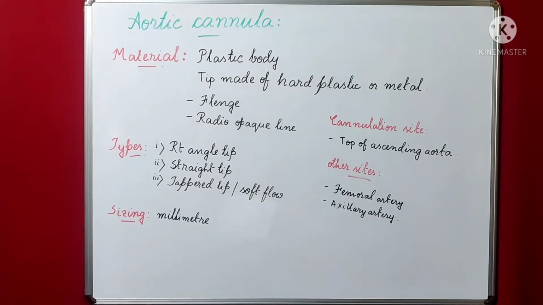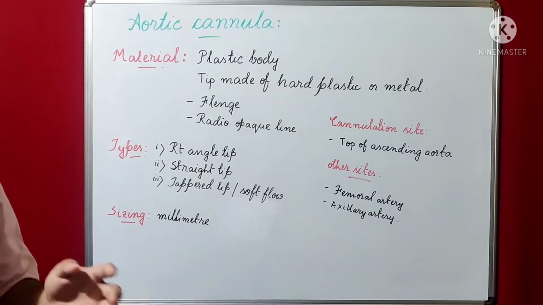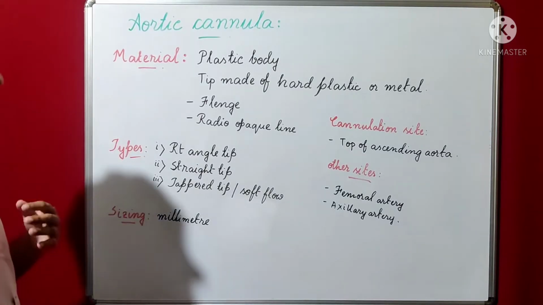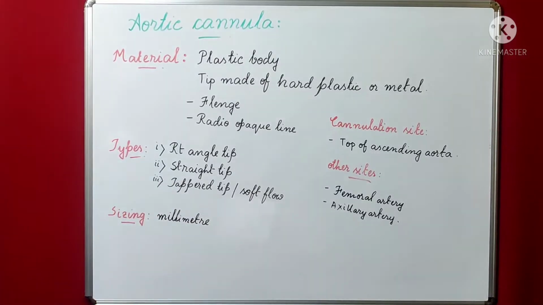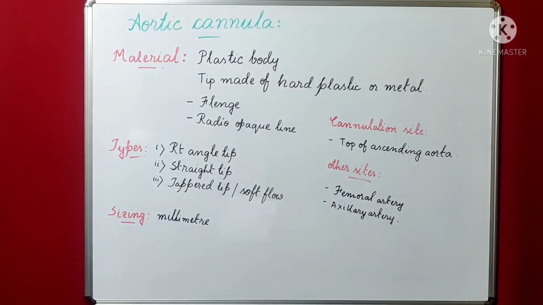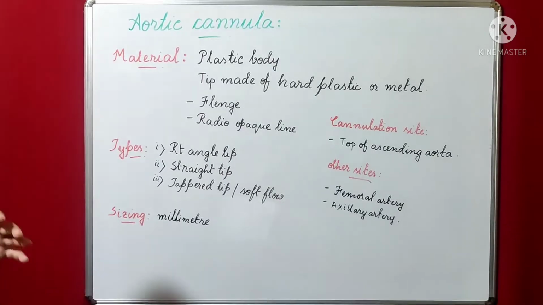Obviously, the aorta is a major artery. It's an arterial cannula which is used to connect the arterial limb of the cardiopulmonary bypass circuit to deliver the oxygenated blood from the oxygenator to the patient's body or the patient's system. So this is a gross description of aortic cannula.